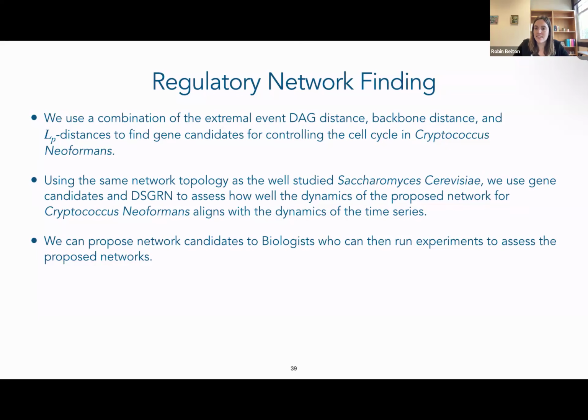Then, by seeing how many matches in the mins and maxes we get, we can start to rate these different networks and propose these network candidates to biologists, who can then run experiments to assess the proposed networks and see how sound they are biologically. All right, and that's what we're in the middle of doing right now.